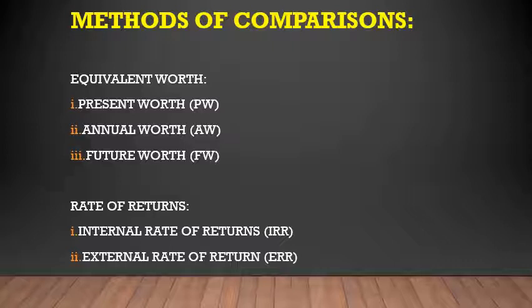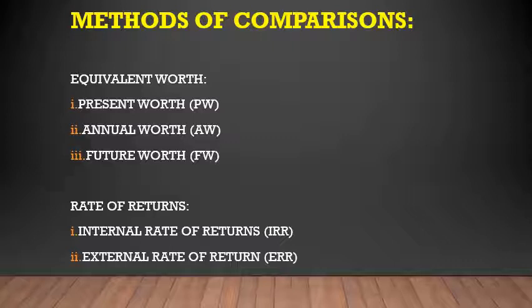The same methodology is followed in annual worth comparison of alternatives, wherein every cash flow is converted into its uniform flow of cash. Here, every cash flow, irrespective of its type, is converted into its A, and then alternatives are compared. The alternative that yields the best will be selected here.